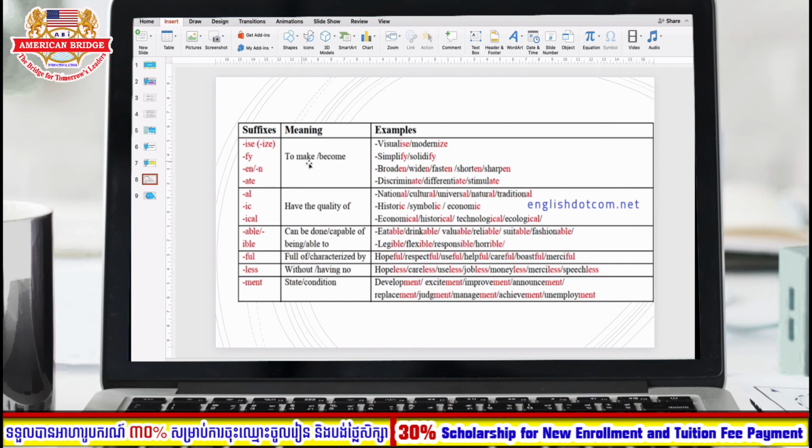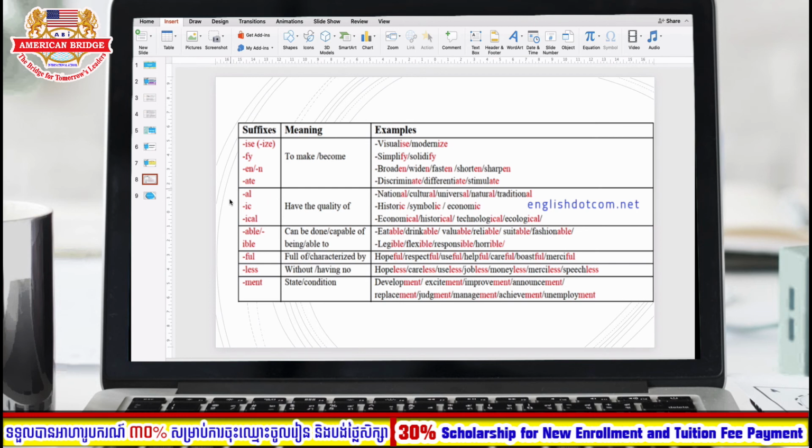And fy, which becomes simplify, solid becomes solidify, broad becomes broaden, which means make it bigger, widen makes it wider, fasten makes it faster, or shorten, which means to make it shorter, sharpen, which means you cut something, right? So this is how you can change from one part of speech to another part of speech by using suffixes.